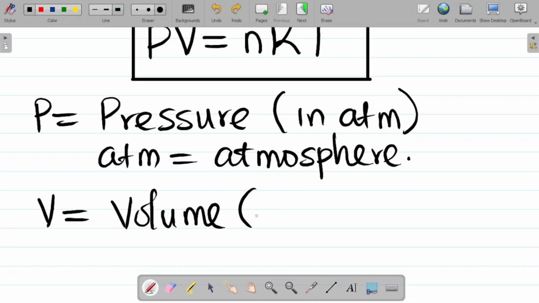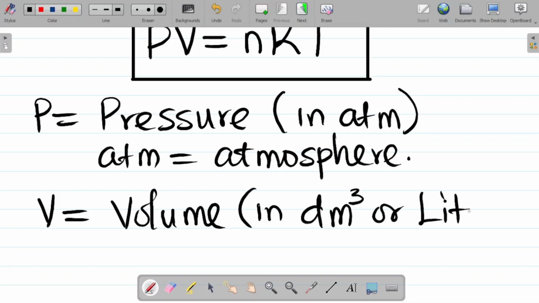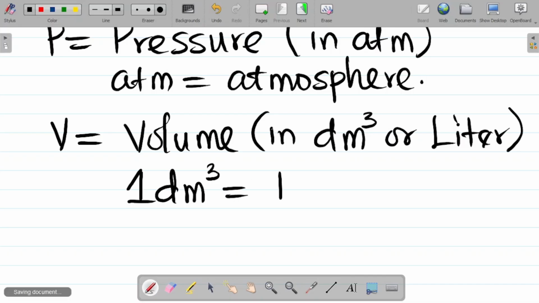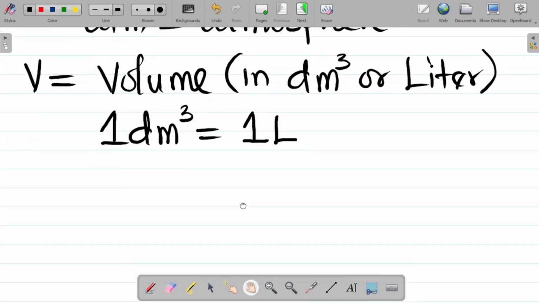So I'll just write this as dm cube, decimeter cube, or liter. Now note that 1 decimeter cube, that's 1 dm cube, is equal to 1 liter. So I'll just use 1L. 1L means liter. So whether you see decimeter cube or liter, they mean the same thing.